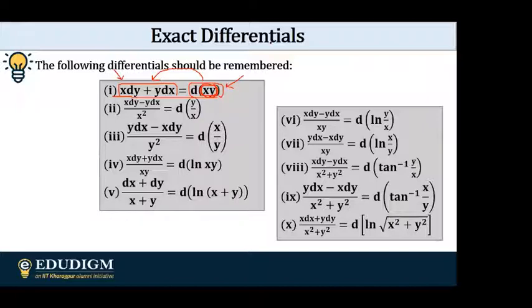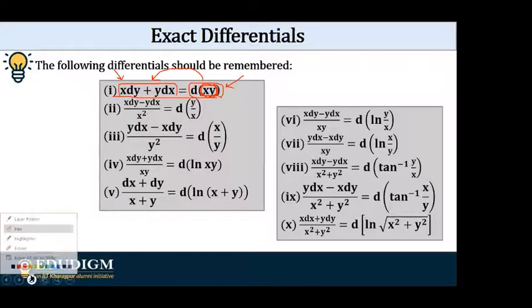It's difficult with all the steps, but if you know the idea of exact differentials, sometimes things can be written very easily to a particular format that we want, because at the end of the day, it's all about integrating and finding the original relation between x and y, and getting rid of dy dx and all those things. So this is what we are going to do here.